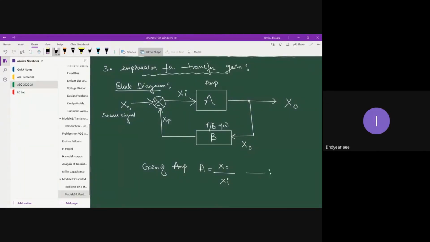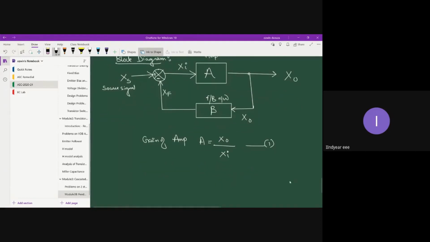Take it as equation 1. And let us also define the overall gain. Let us take the overall gain of the amplifier as AF. So AF is defined as the output signal to the source signal. Let's take it as equation 2.